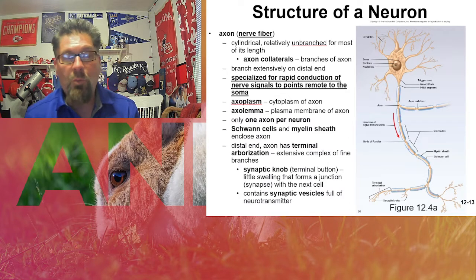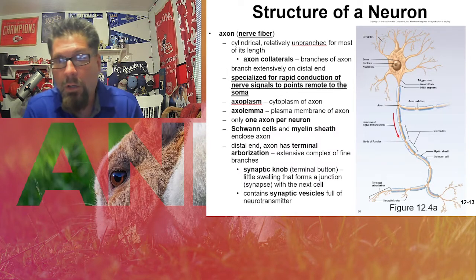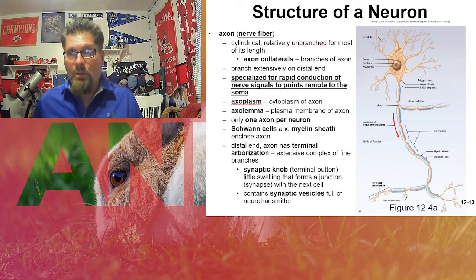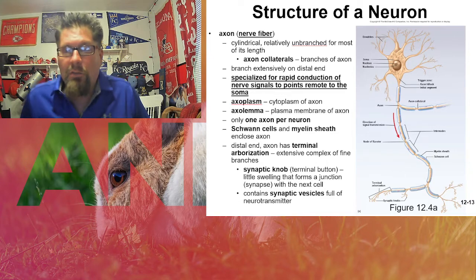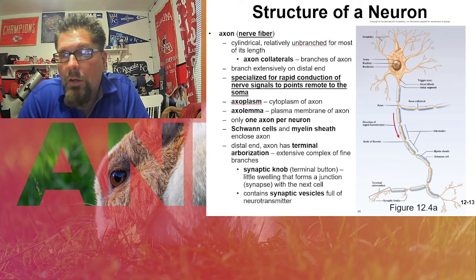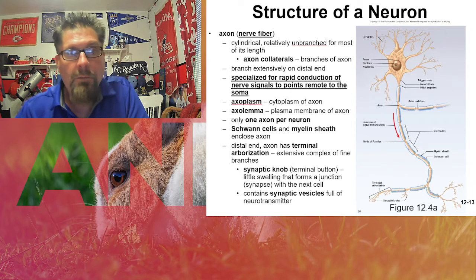It's covered in Schwann cells, which is that plasticky looking stuff, and you got the spaces in between, the nodes of Ranvier as far as the name, but it's just the idea of getting that message sent across the nervous tissue from one neuron to the next.